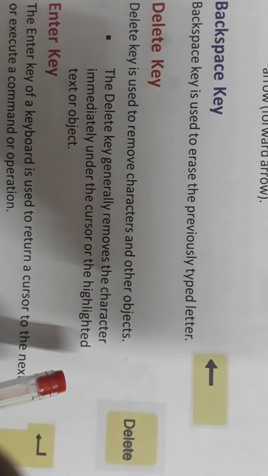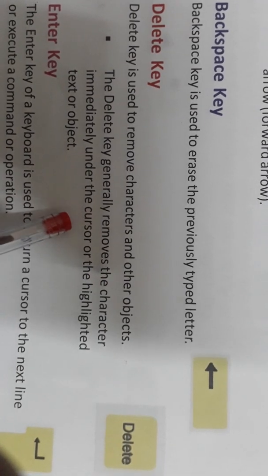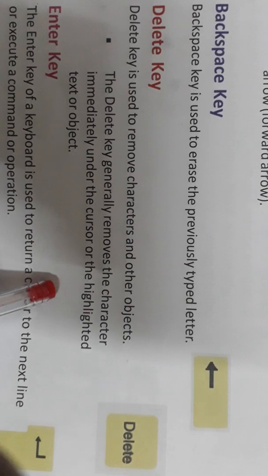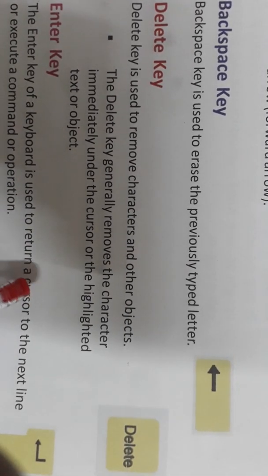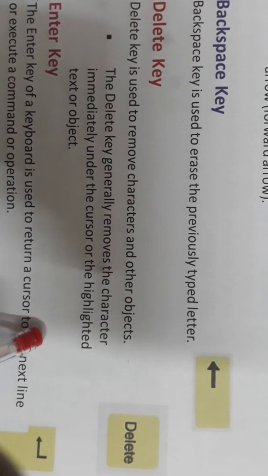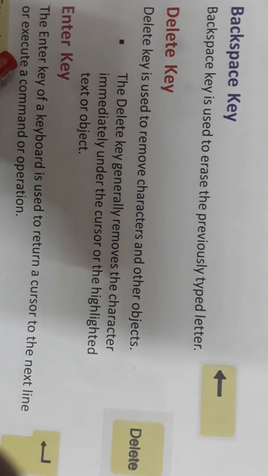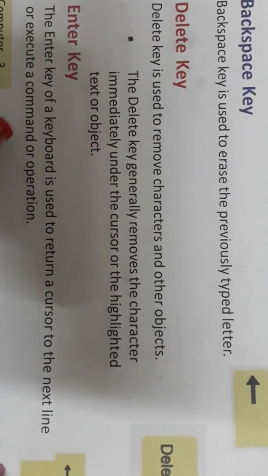If you want to type your name in the first line, your school name in the second line, your place in the third line and your phone number in the fourth line, you can use the enter key each time. Moreover, the enter key also executes a program or a file in our computer.